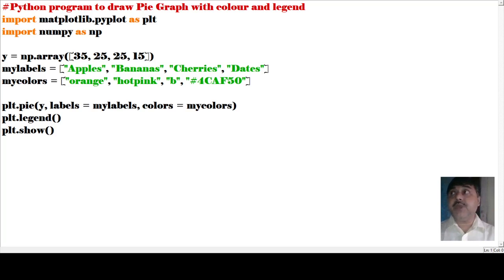Labels means the names that have been given here are used as the labels, and in colors, the colors are used for each section. So however many sections there are, that many colors you will define.